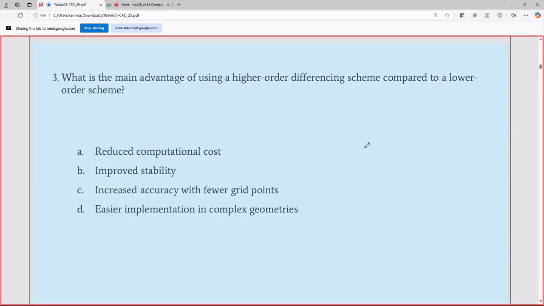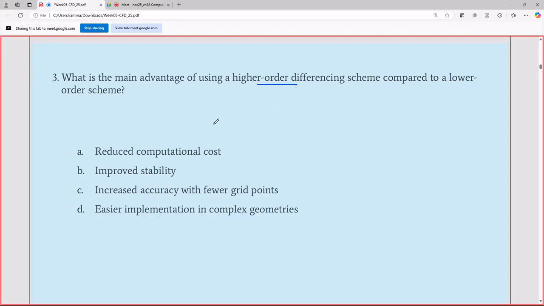Okay, next question. What is the main advantage of using higher order differencing schemes compared to lower order schemes? So the question is, while discretizing, what is the advantage of going for higher order differencing schemes?